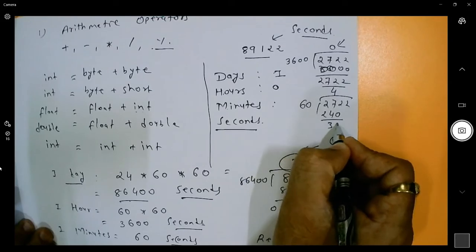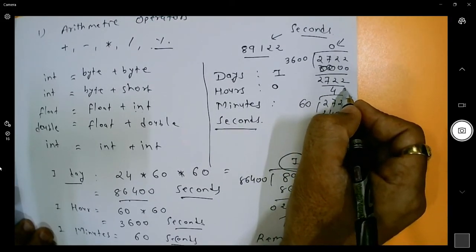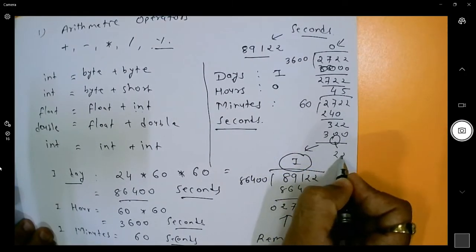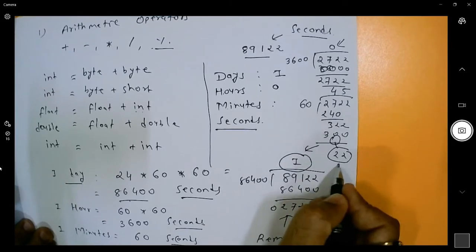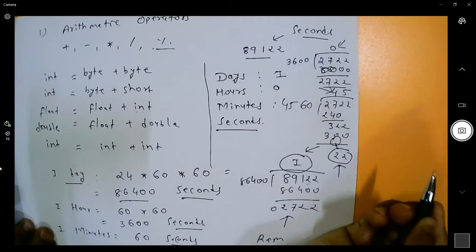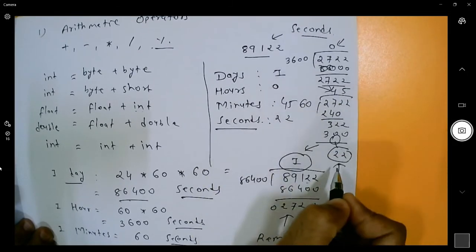Then you will get 322. Then 60 into 5, that will be 300, and you will get the result 22. This 22 is the seconds and this 45 is the minutes.